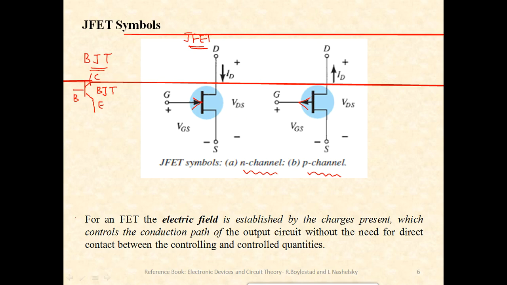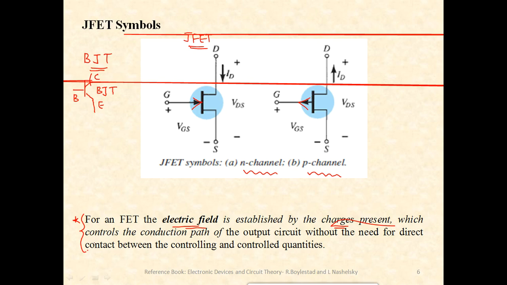And one more important point which is mentioned here is, for an FET, the electric field is established by the charges present, which control the conduction path of the output circuit without the need for direct contact between controlling and the controlled quantities. So we'll try to stress upon this point in our further slides.